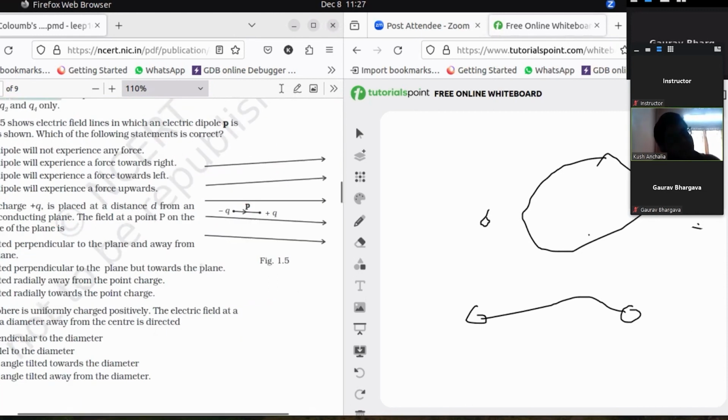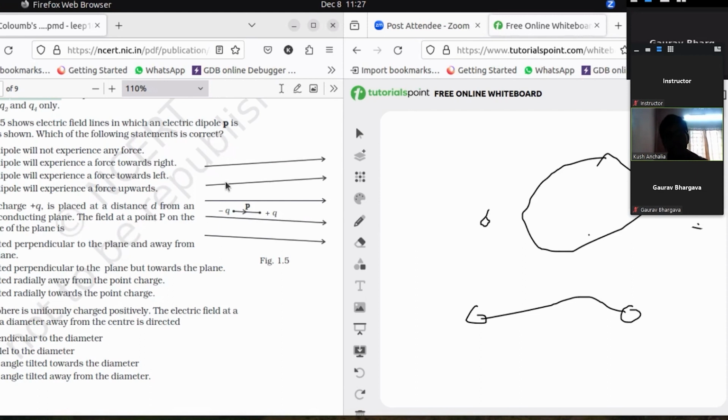Figure 1 shows electric field lines in which an electric dipole P is placed. Which of the following statements is true? Is the field the same along the direction? Okay, I can see these are all parallel. If they are not parallel, then force won't be exerted.